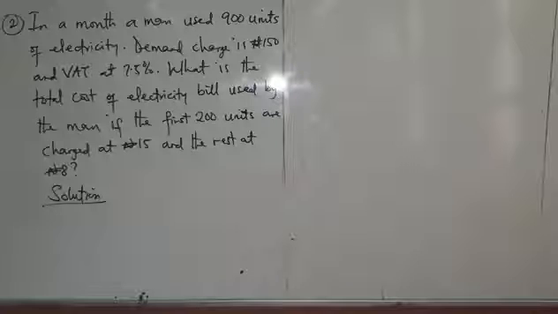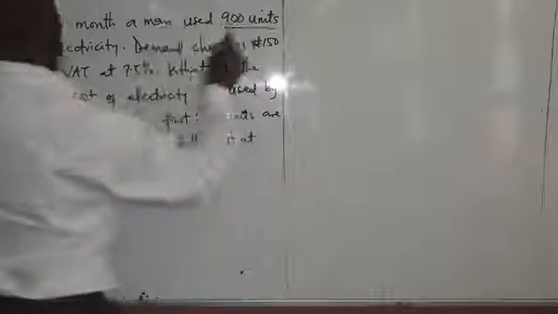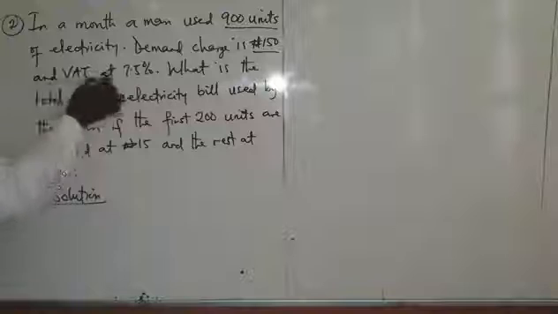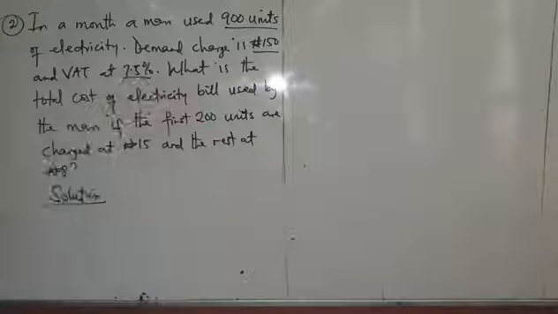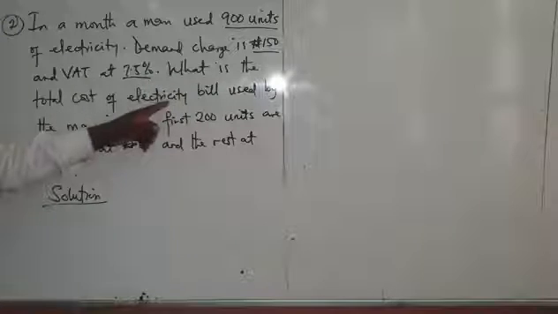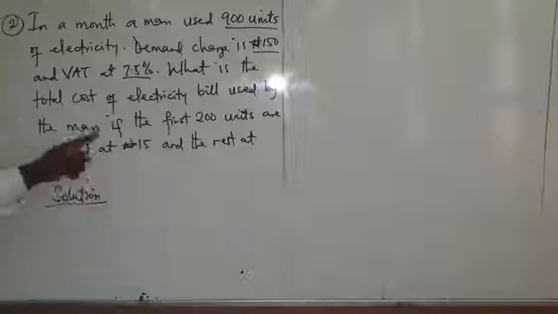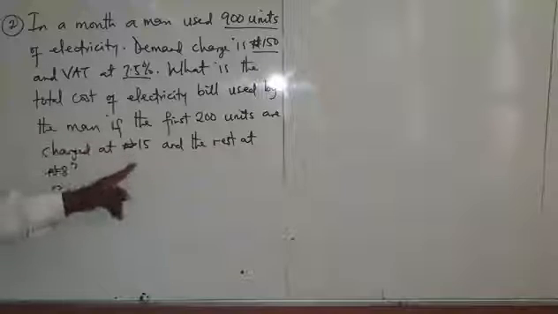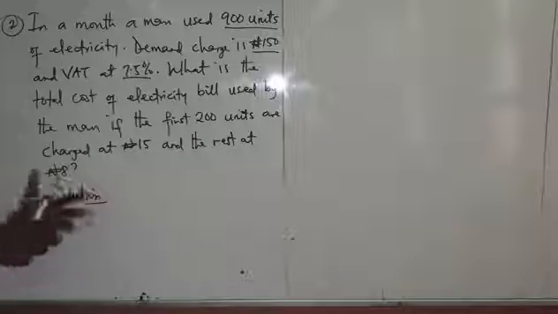Example 2. In a month, a man used 900 units of electricity. The demand charge is this, and VAT is at 7.5%. So what is the total cost of electricity used by the man? The first 200 units are charged at 15 naira and the rest at 8 naira.